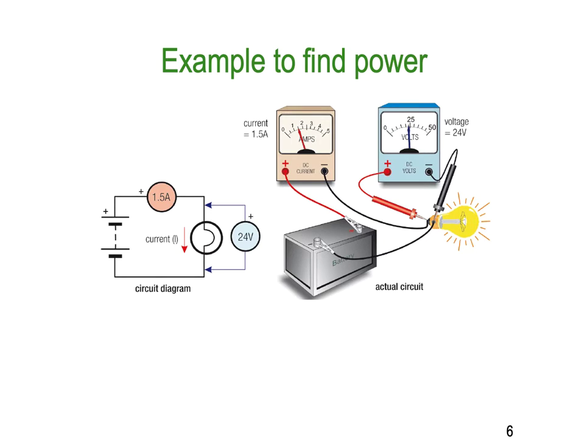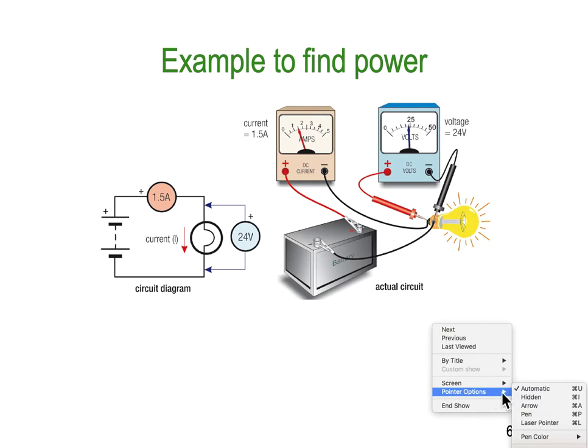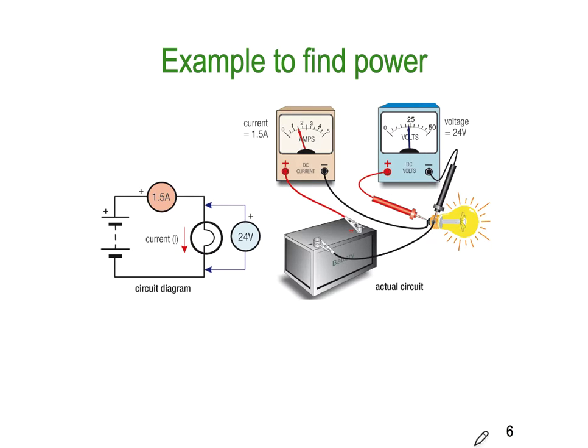So here's a little example to find the power. In this little example, you can see we've got 1.5 amps. The circuit has a lamp in the circuit and 24 volts across the lamp, which is being provided by a battery. So I'll just turn the pointer options on.